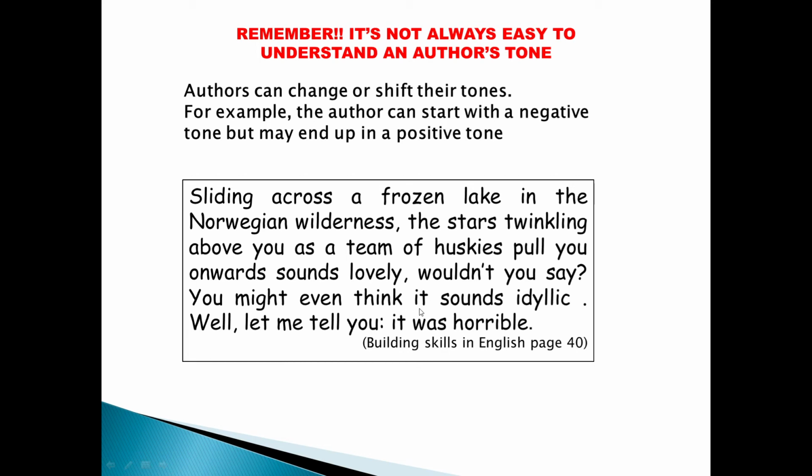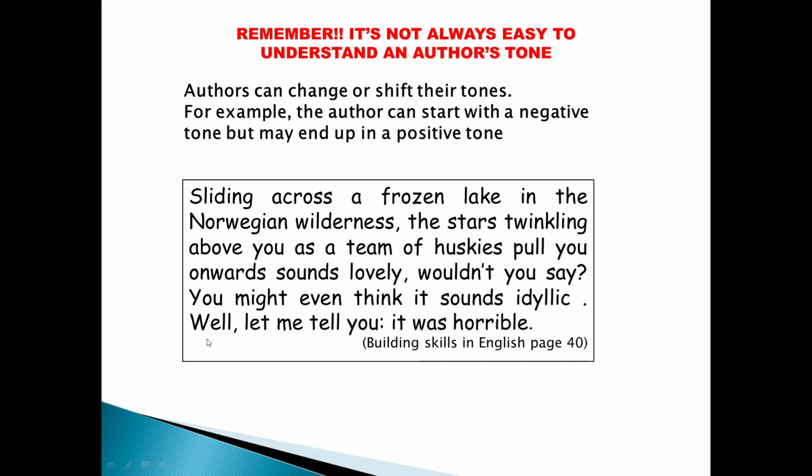You might even think it sounds idyllic. Well, let me tell you, it was horrible." Now, if we see the writer's choice of words, in line number 4 he uses lovely, and then here he says it sounds idyllic. So we find that the idea behind his holidaying sounded lovely, idyllic, something ideal, isn't it?